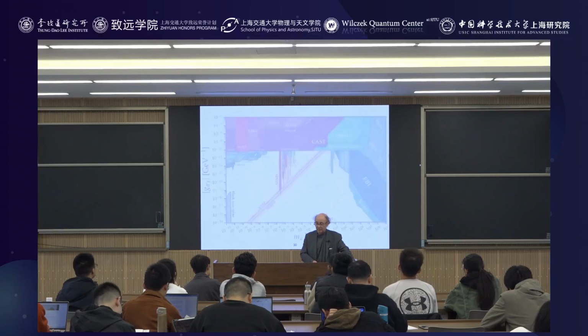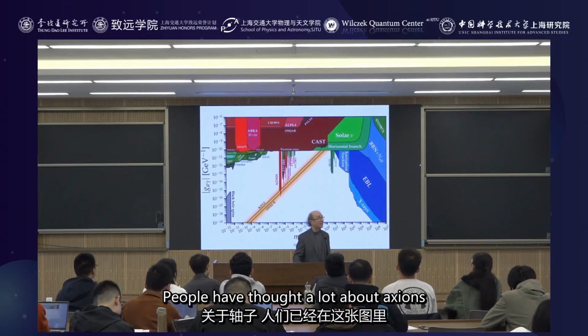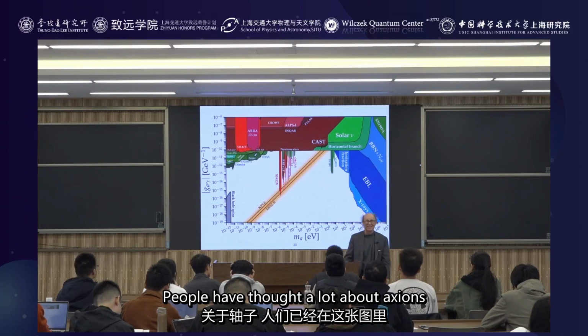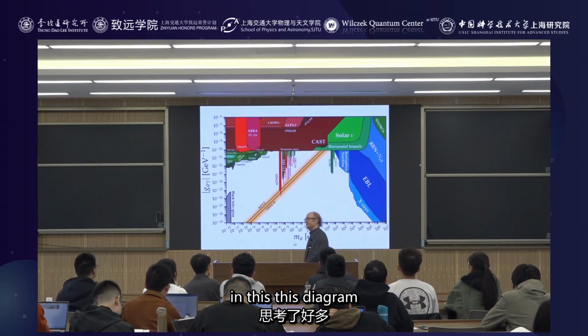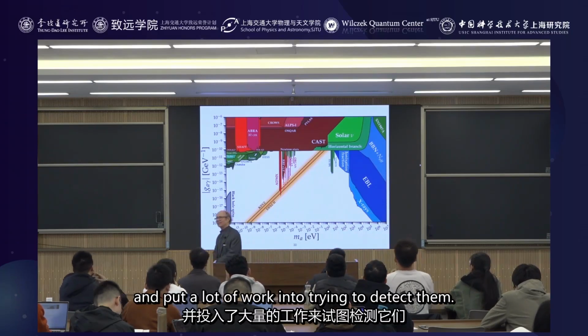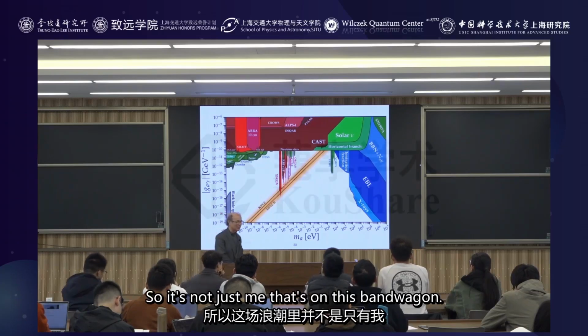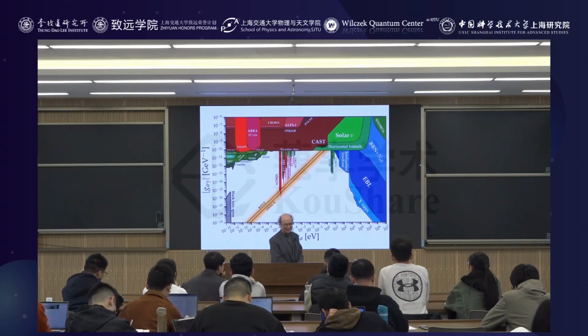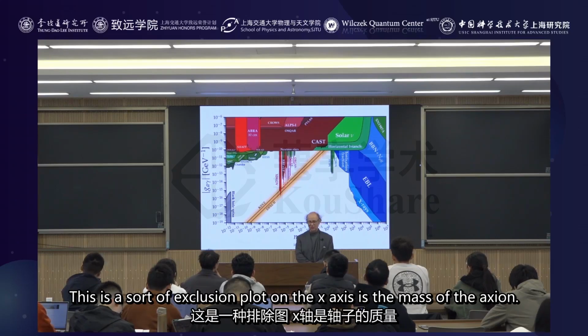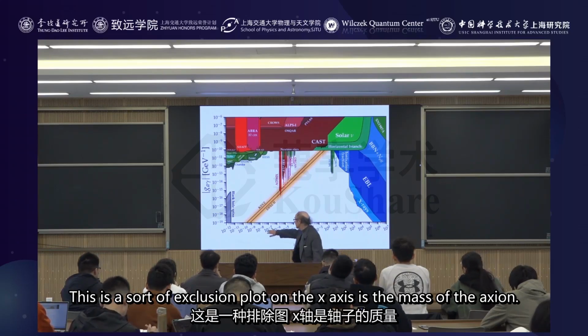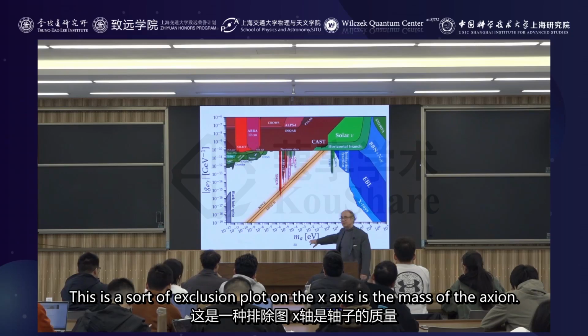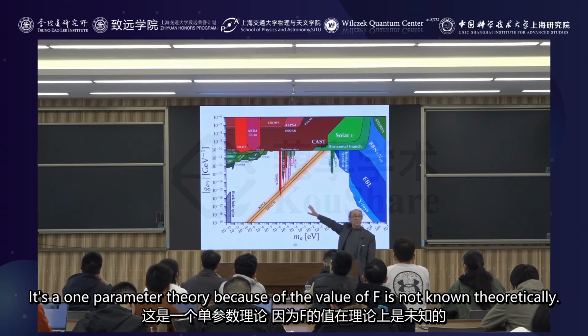But people have thought a lot about axions and put a lot of work into trying to detect them. So it's not just me that's on this bandwagon. This is a sort of exclusion plot. On the x-axis is the mass of the axion. It's a one-parameter theory because the value of f is not known theoretically.